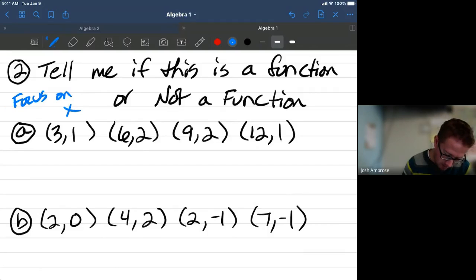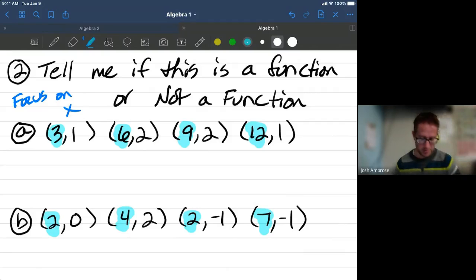All right, so that is this value right here. Let's focus on just the x values in our problem, okay? The y values don't help us when it comes to this style of question where it says, is it a function or not a function?